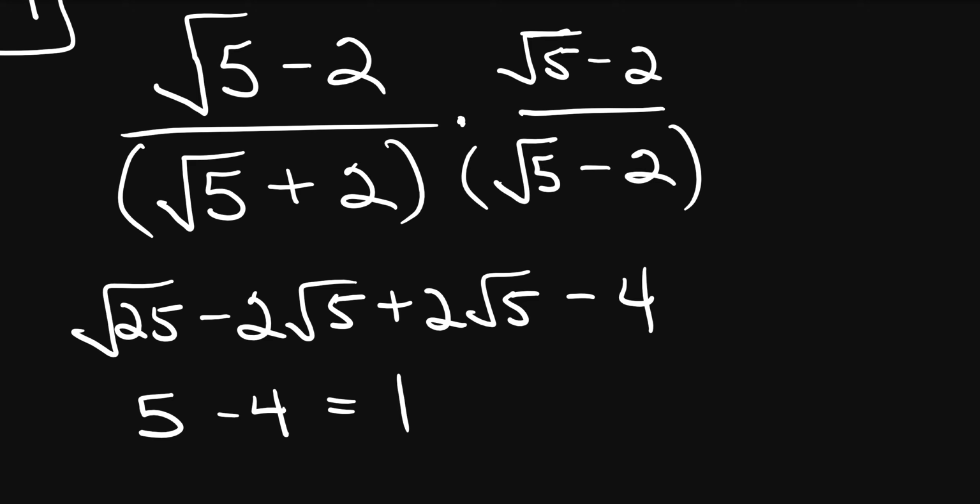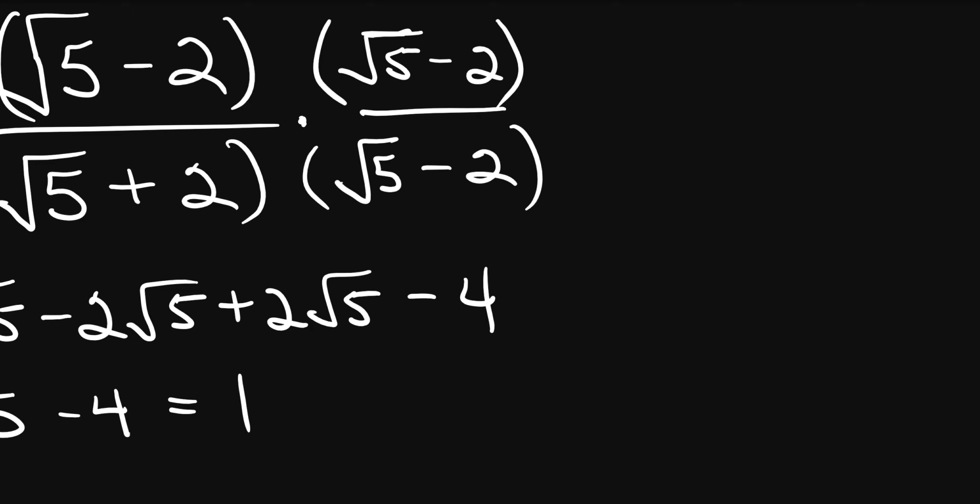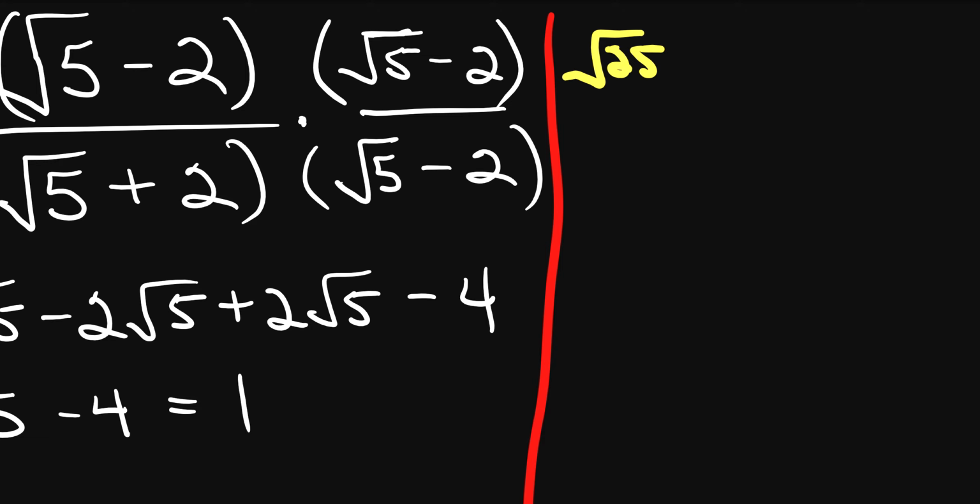That's fair enough. And then let's figure out what our numerator will be. I'll scooch it over here, and this is what I'm going to multiply together. I'm going to have square root of 5 times square root of 5 is square root of 25.